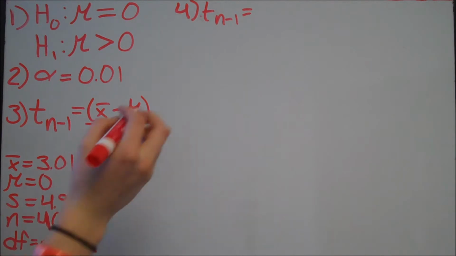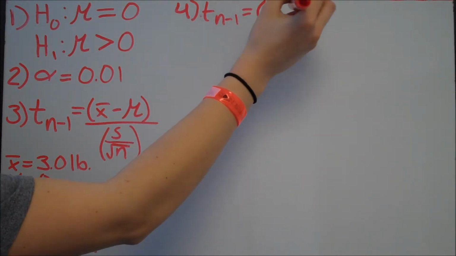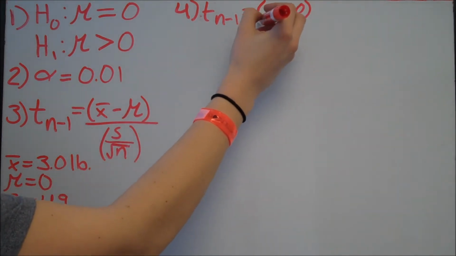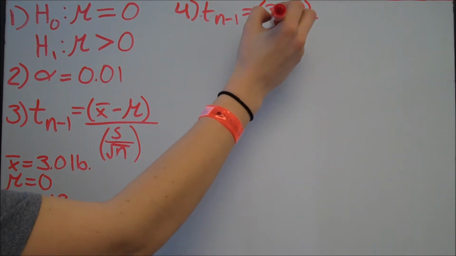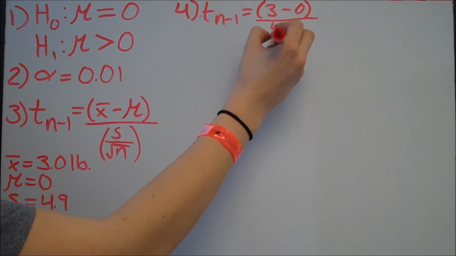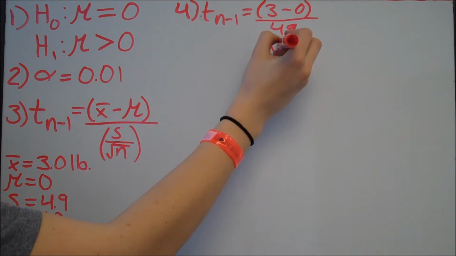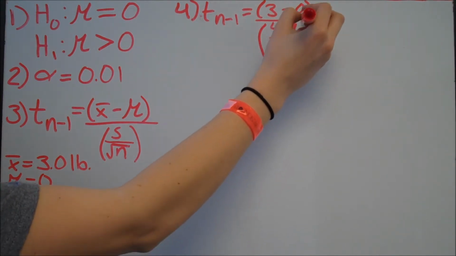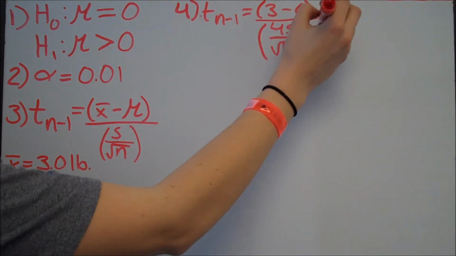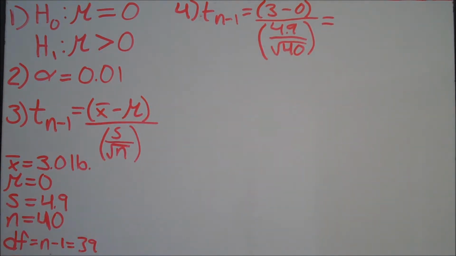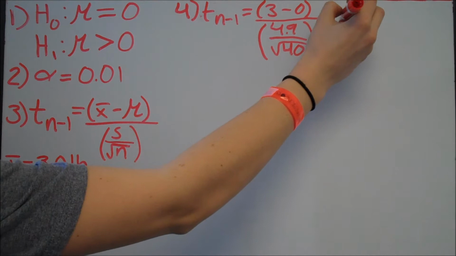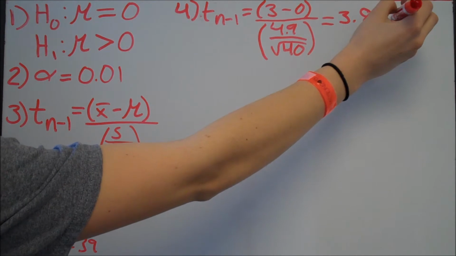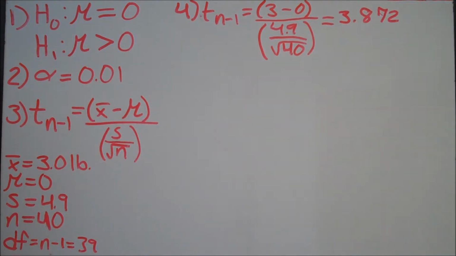Our sample mean was 3 minus the population mean, 0, over our sample standard deviation, 4.9, over the square root of our n, which was 40. When we calculate that with our calculator, we should get 3.872. And that is our test statistic for this problem.